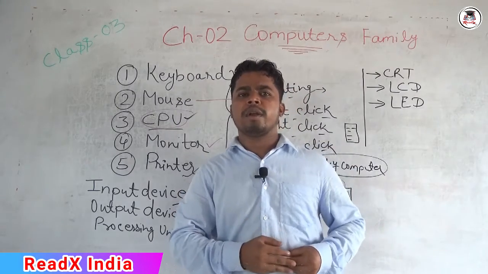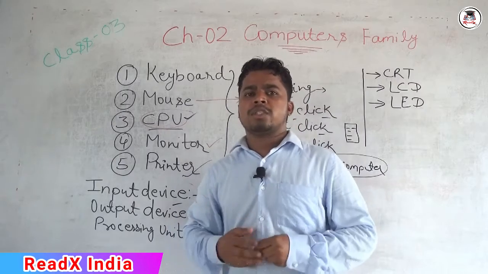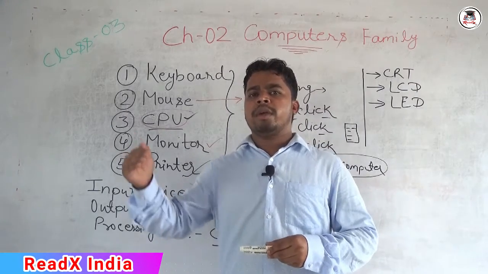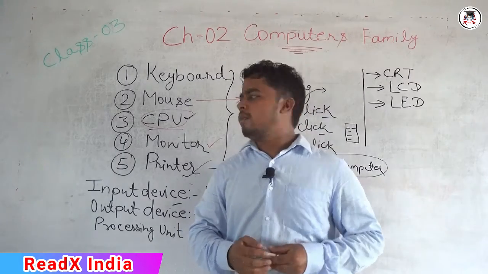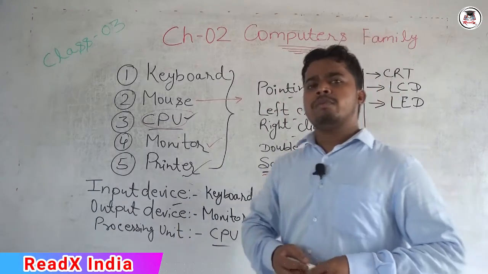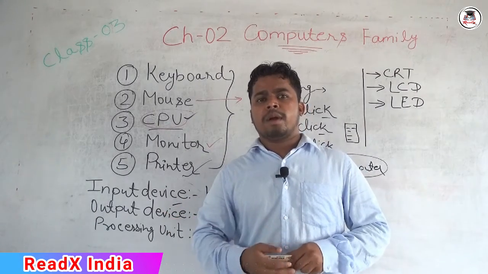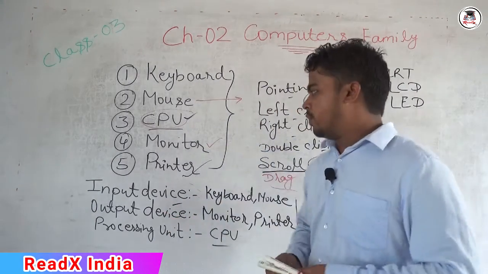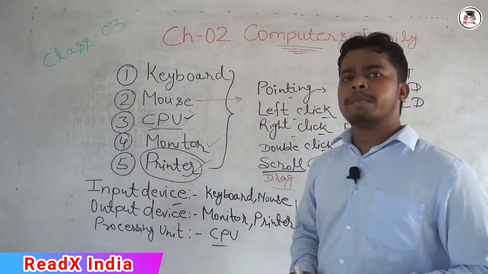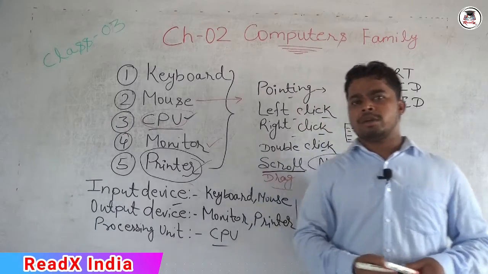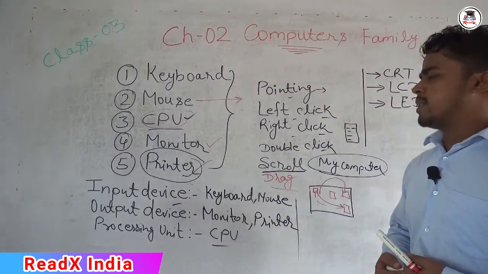Suppose we have typed a document where we have prepared our biodata or resume, or we have typed a paragraph or letter. If we want to get those in a written, printed format, what do we do? We print all those with the help of a printer. So this is all about these devices.